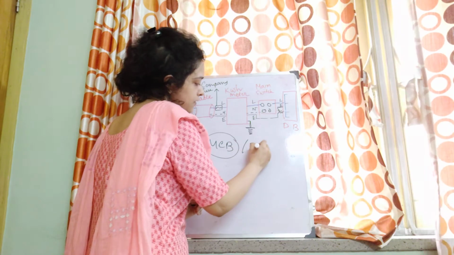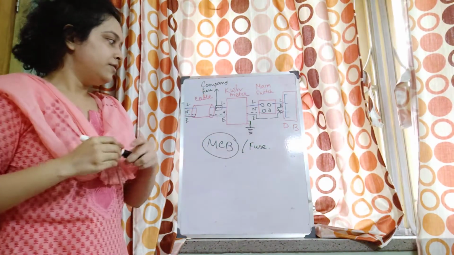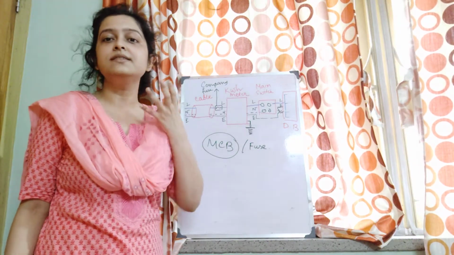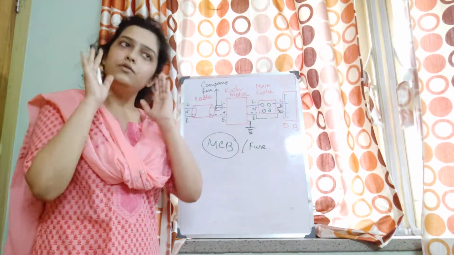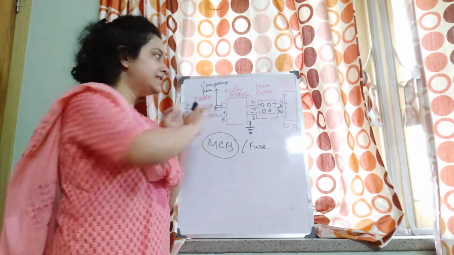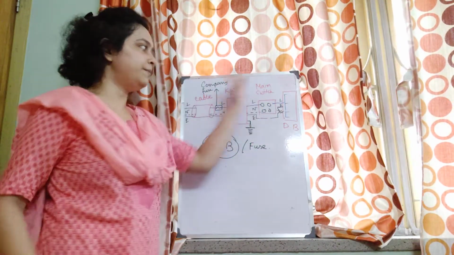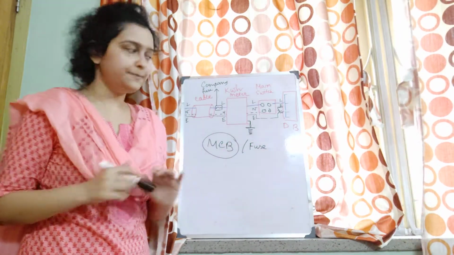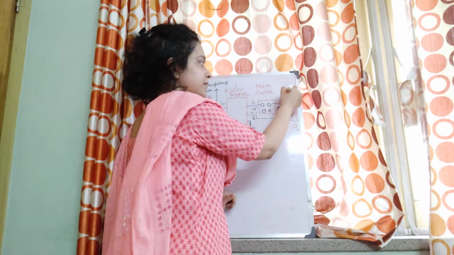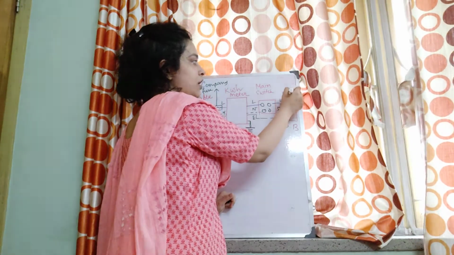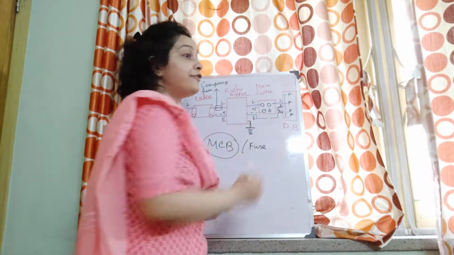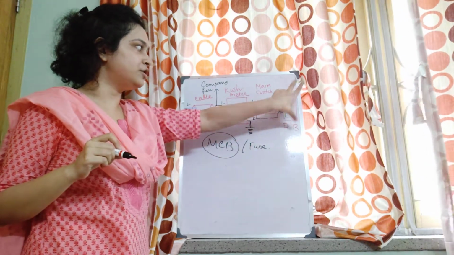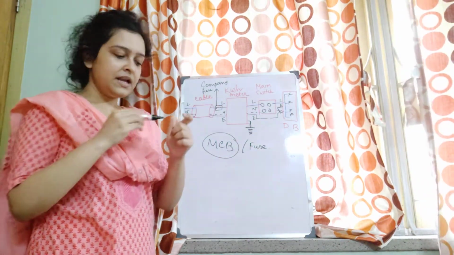We either use fuse or MCB. What is MCB? Miniature circuit breaker. We'll do that also, don't worry. I just want to explain in brief about the power distribution. That's why. What is MCB? What is a fuse? We'll do that. So these are basically the main fuse or MCBs in the distribution box. This is a distribution box.